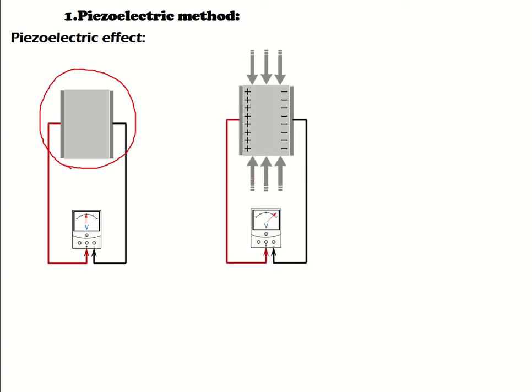When we apply external compression to the material, suppose in the vertical direction, at that time electric charge will accumulate in the horizontal direction, on both sides of the piezoelectric material. Suppose positive charge is generated on the left side and negative charge is accumulated on the right side.